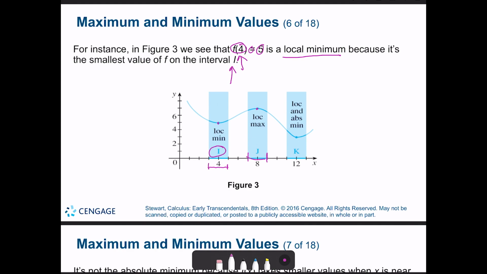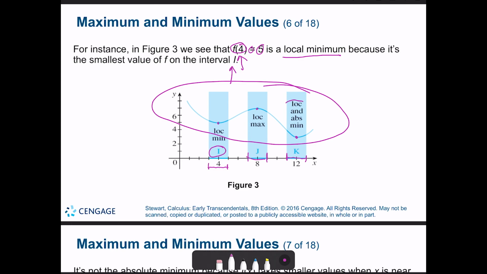This point is unique because not only is it a local minimum, the lowest point on interval K, but if we look at the big picture, it's also the lowest point out of all of the points. So that makes it an absolute minimum also.